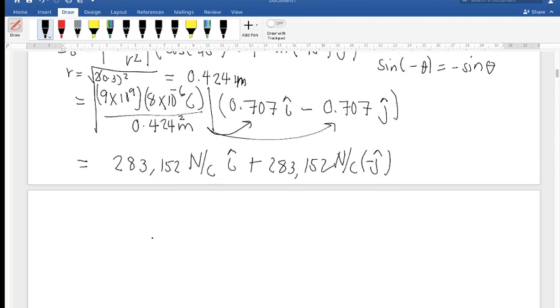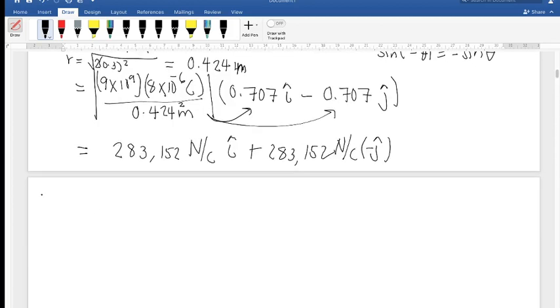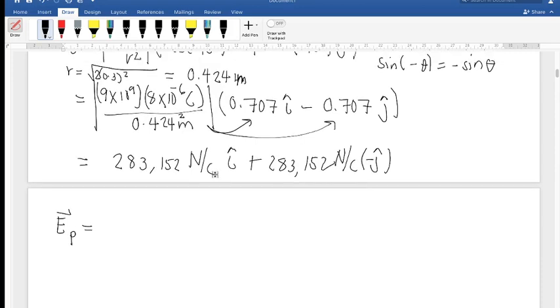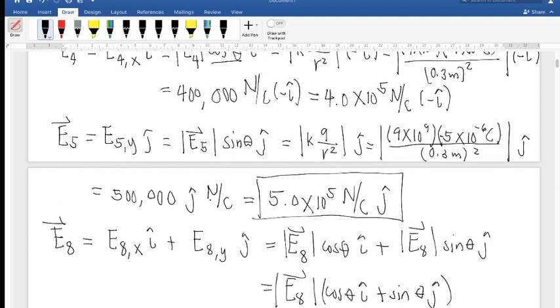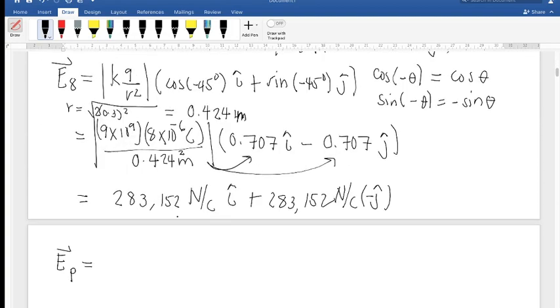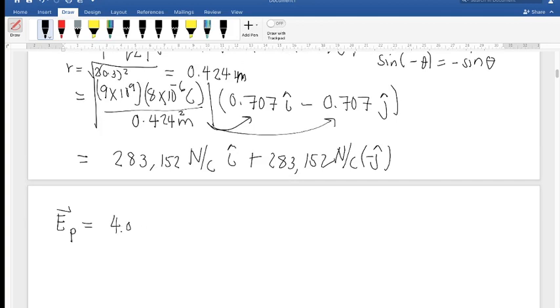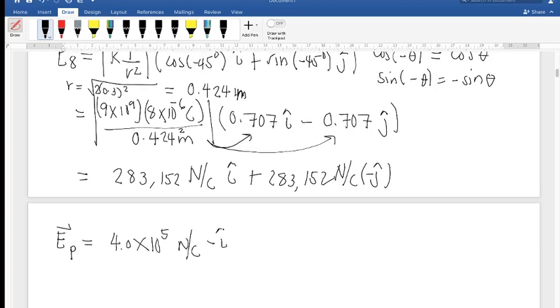Okay, so again, we have to find the electric field vector. So we just simply add all of them. The electric field produced by the negative 4 microcoulomb is 4.0 times 10 to the 5 Newton per coulomb, that is in negative i hat.